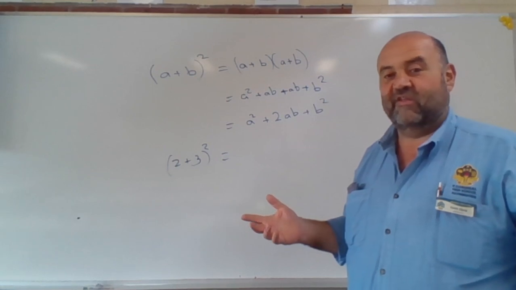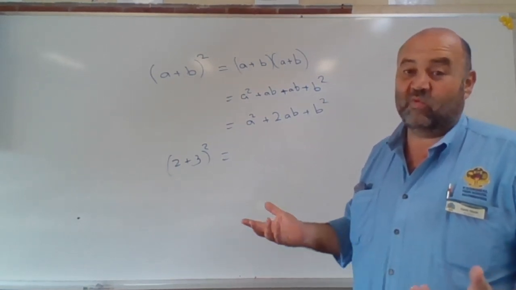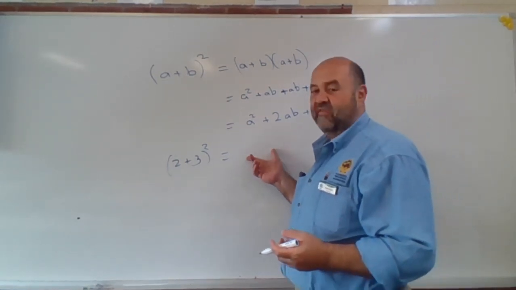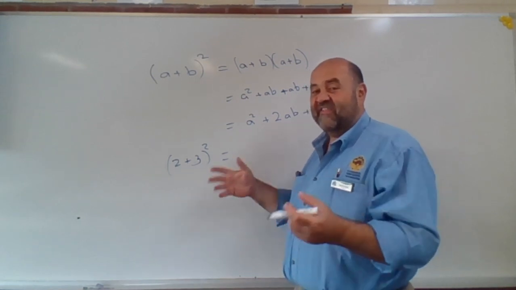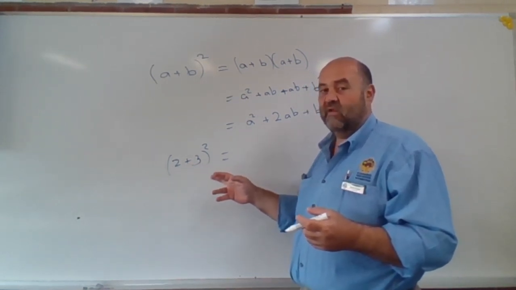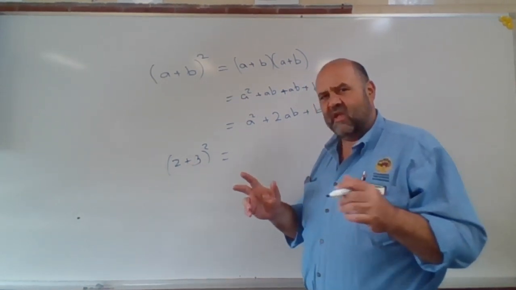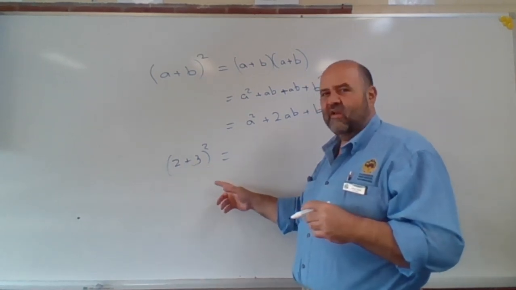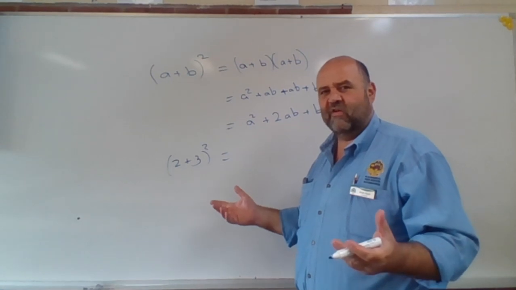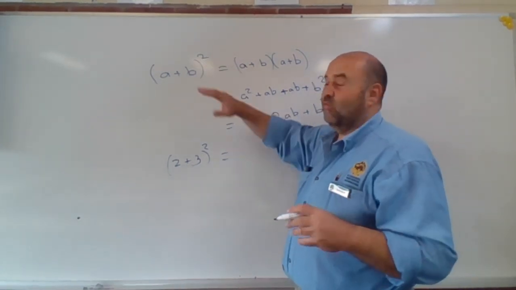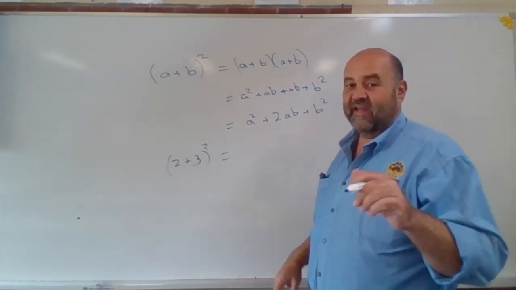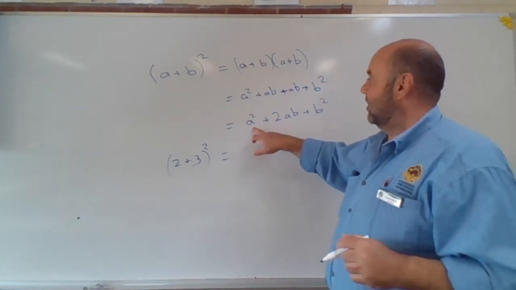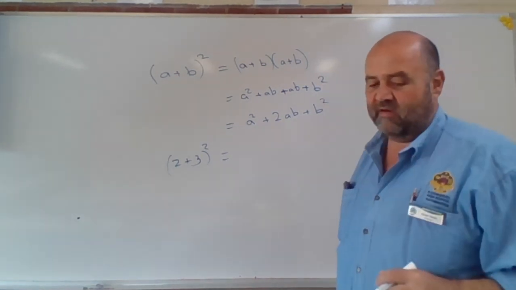Well, what's 2 plus 3? That's 5. What's 5 squared? 25. So we know the answer here is 25. If you made the mistake and said this is 2 squared plus 3 squared, that'd be 4 plus 9, which is 13, not 25. So (A + B) squared is not A squared plus B squared. It's A squared plus 2AB plus B squared.